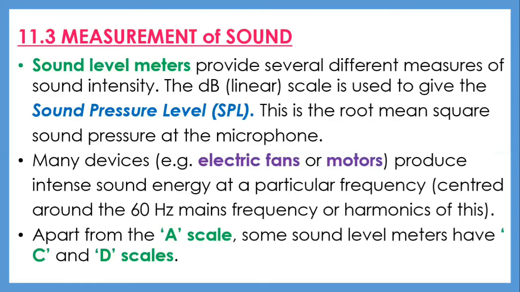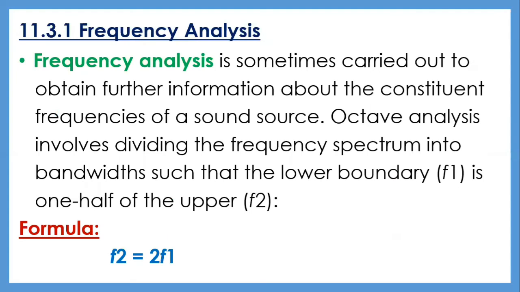And on the next key subtopic, we have frequency analysis. If we say frequency analysis, it is sometimes carried out to obtain further information about the constituent frequencies of a sound source. Octave analysis involves dividing the frequency spectrum into bandwidths, such that the lower boundary, or f sub 1, is 1/2 of the upper, or f sub 2.